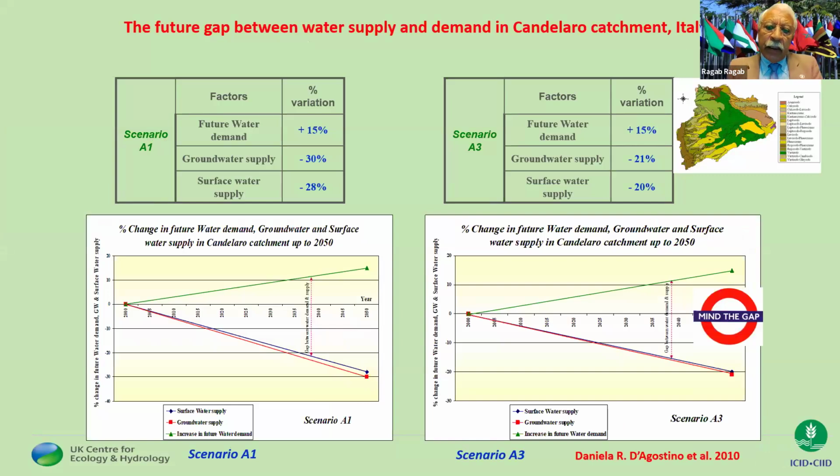Work also in catchments in the south of Italy indicated that there is also a gap between water supply and demand, and that gap is increasing over time. That's also a warning sign that we should save more water.